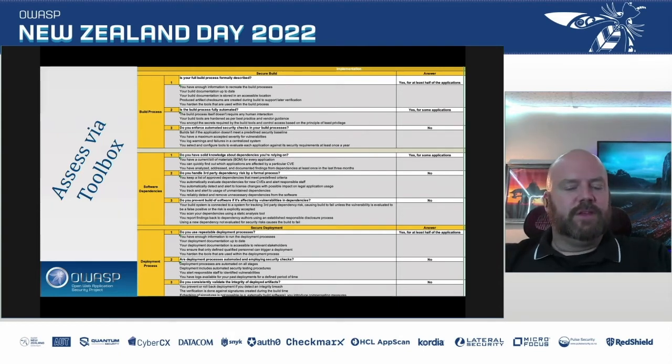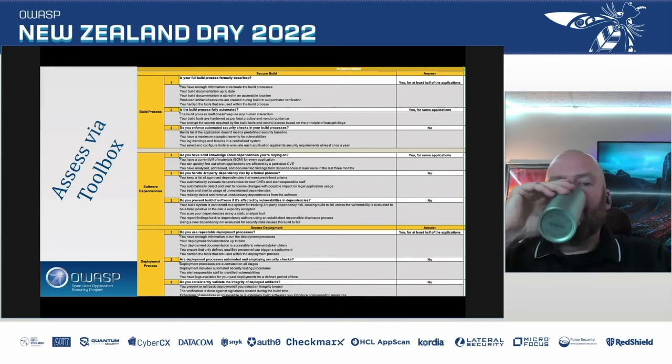The other benefit to doing the interview sessions is you get a lot of additional information that helps you understand the context, so that when you're trying to figure out what to recommend going forward for improvements, you understand the context of why these answers are no, yes for some, yes at least half, that kind of thing.